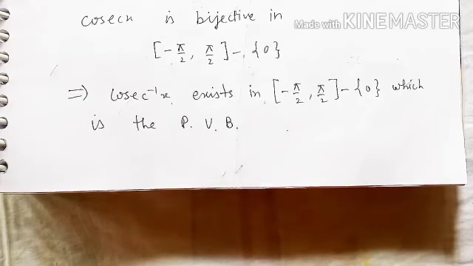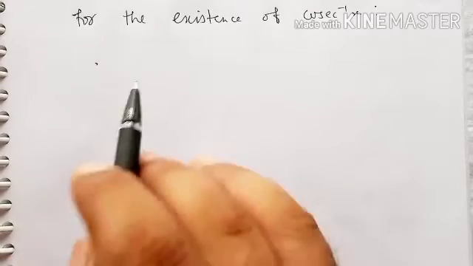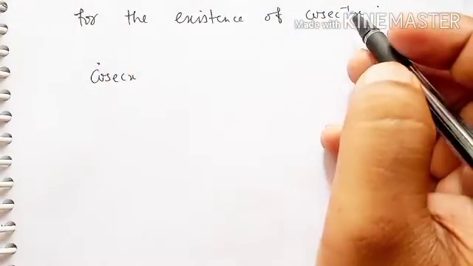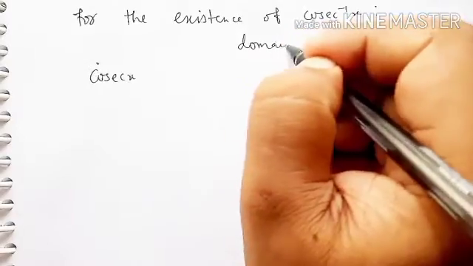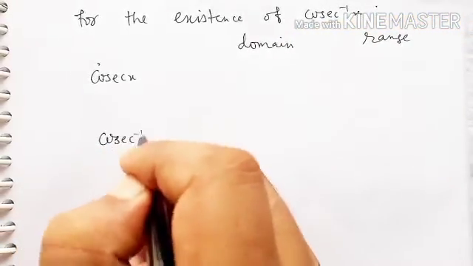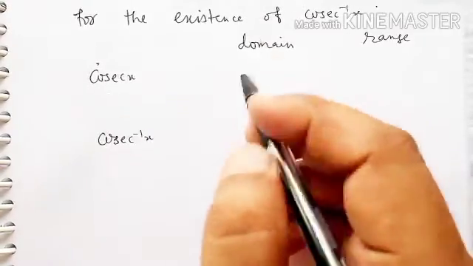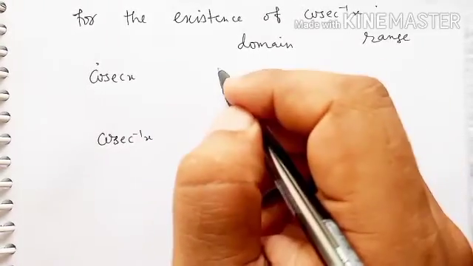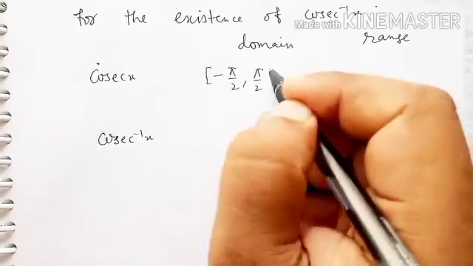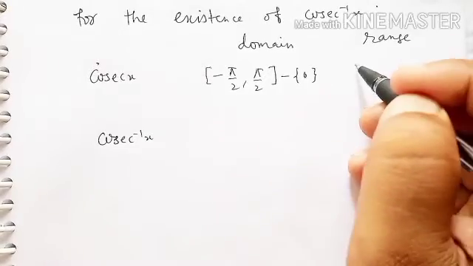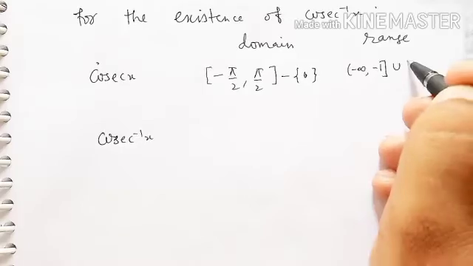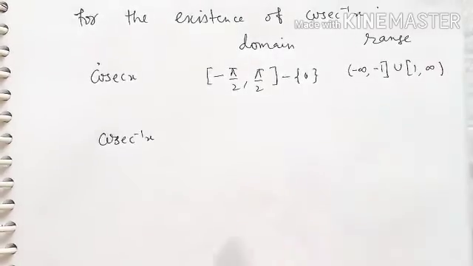And now a question. Before the question, let us discuss the existence of cosec inverse x, the domain and range of cosec x and cosec inverse x. So its domain becomes this, and range becomes this, we know its value is in this interval.